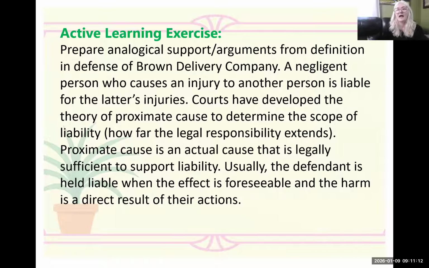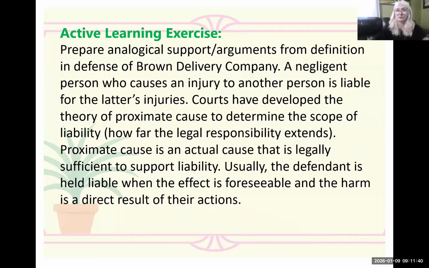Now, proximate cause. We think about proximate as proximity or nearness, in this case, nearness in time and space. So we want to figure out what is considered the cause, proximately, to determine the scope, how far the legal responsibility extends.